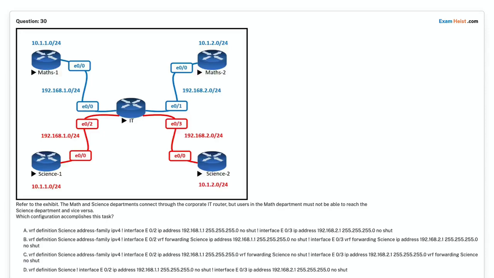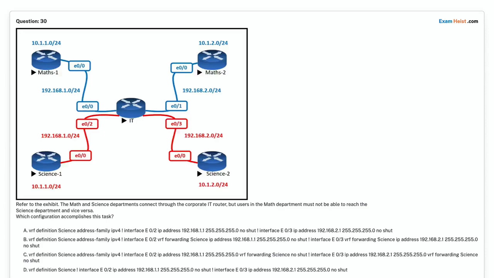Interface Ethernet 0/1, ip address 192.168.1.1 255.255.255.0, no shut. Interface Ethernet 0/2, ip address 192.168.2.1 255.255.255.0, no shut.